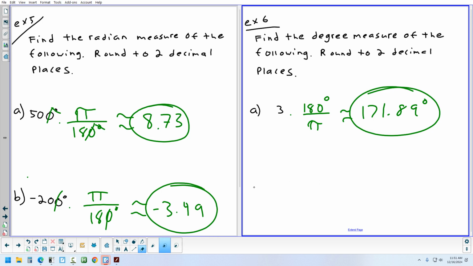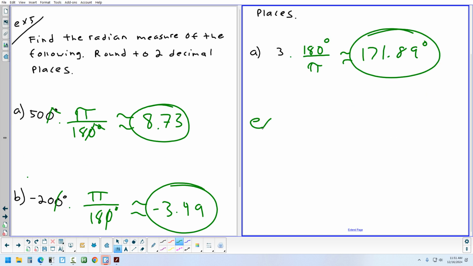Let's do one more. So we'll call this example 7. If it doesn't say round, then you always leave it exact. Convert 360 degrees to radians. What would we multiply by to convert that to radians?